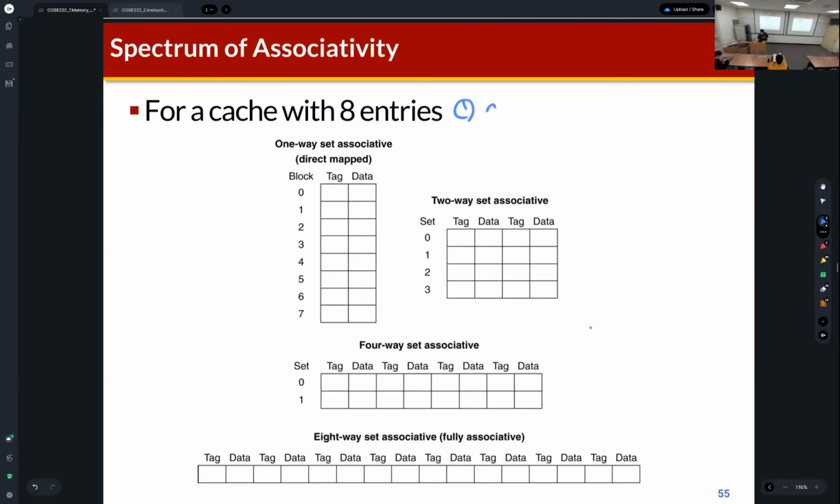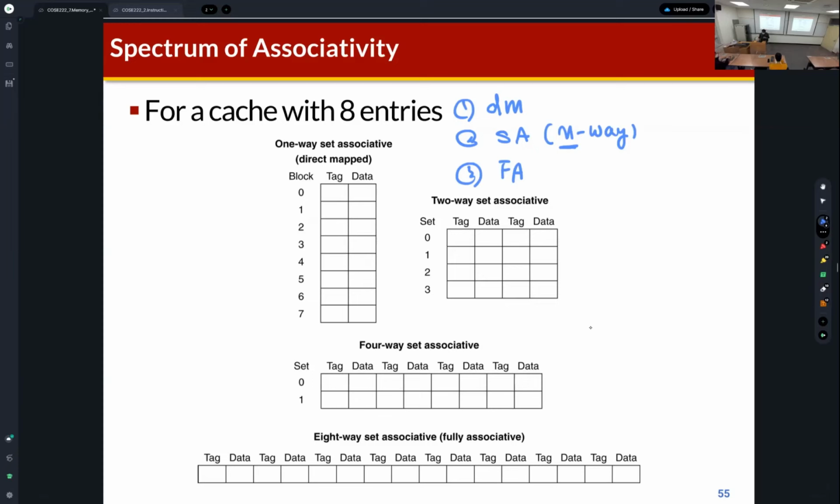The first is the direct map, the second is the set associative cache, which we can say is the n-way, where n means the number of blocks in a single set, and the third is the fully associative cache.